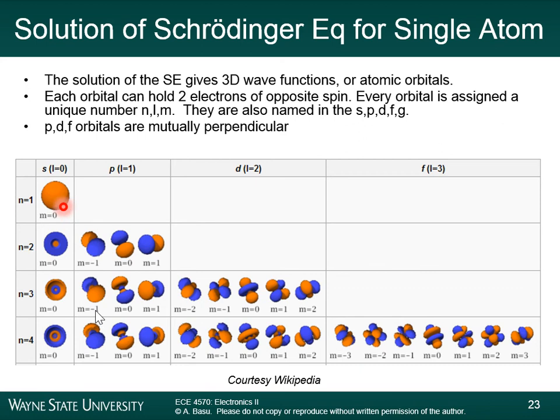The shapes of each one of the orbitals is actually determined by the Schrödinger equation. The Schrödinger function, that psi function, will have the maximum large values in these regions that are shown here. So if an electron is at energy level 1, n equals 1, and it's at this first orbital where L is equal to 0, this is called the 1s orbital.